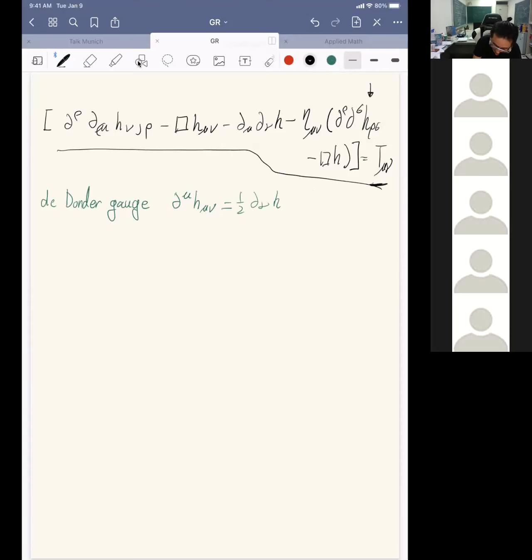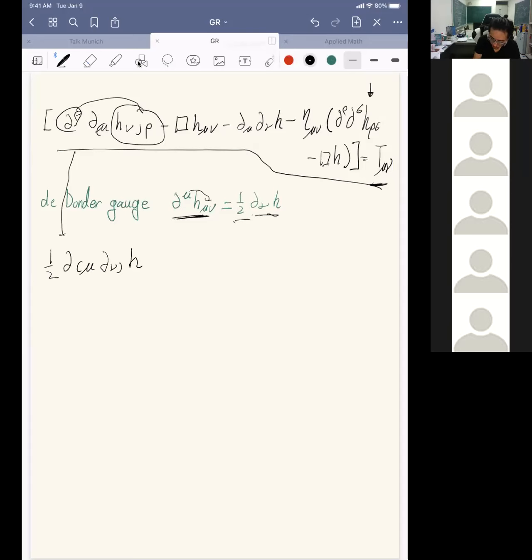Okay, so now we can simplify this expression. Whenever we see this contraction, we're going to replace it with 1/2 derivative on h. For example, here, since you have a ∂^ρ acting on h_νρ, that satisfies this condition, so in the de Donder gauge I can translate this into 1/2 ∂_ν acting on h. This is going to be ∂_μ ∂_ν acting on h.